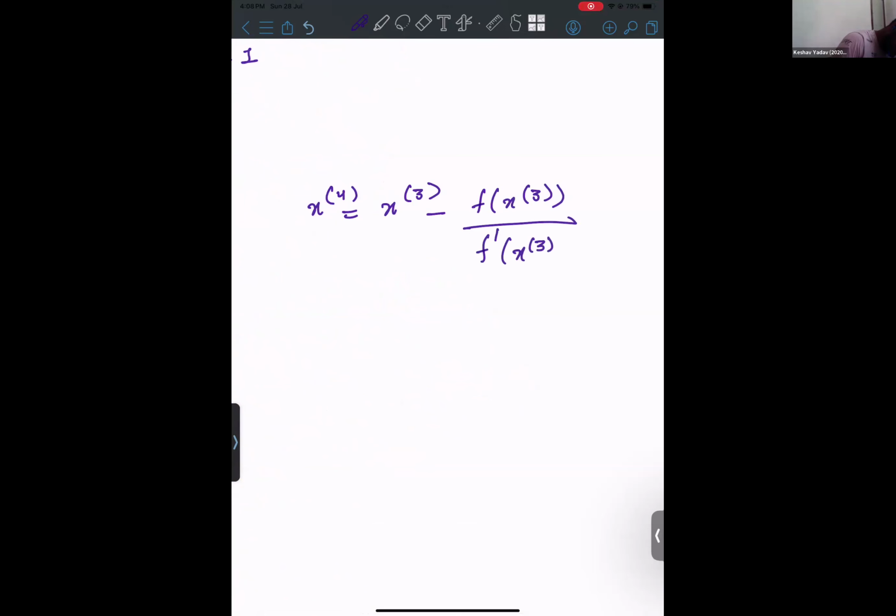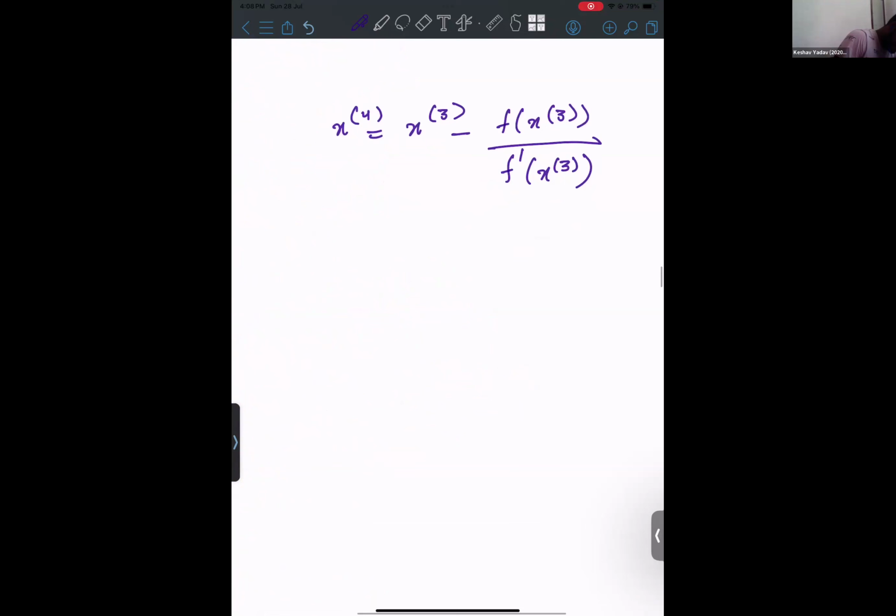x at the fourth iteration will be equal to x at the third iteration minus f of x at the third iteration divided by f prime of x at the third iteration.